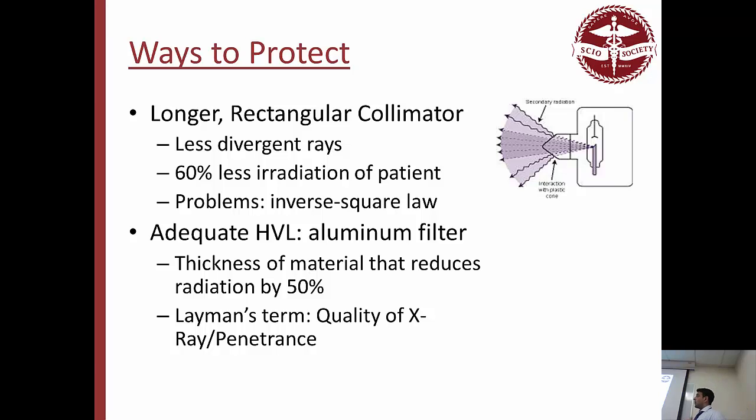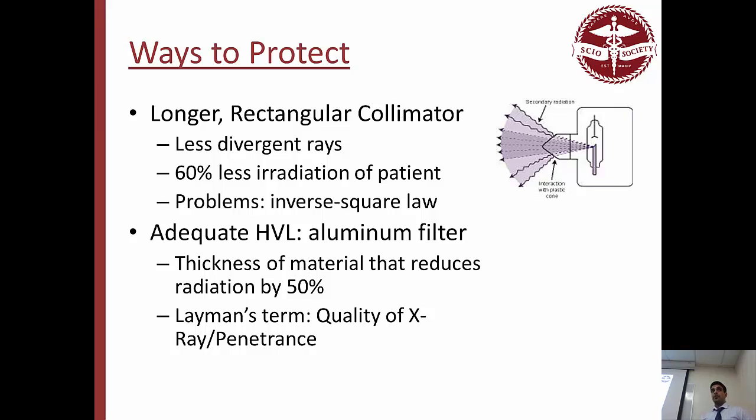The next problem, though, is that if we use a longer collimator, we have to realize that as it gets further away from the patient, the radiation has less of an effect at the end, because the inverse square law tells us that the intensity of the radiation reaching the patient is inversely proportional to the square of the distance. As you double the distance, the intensity of radiation at the end decreases by a factor of 4.